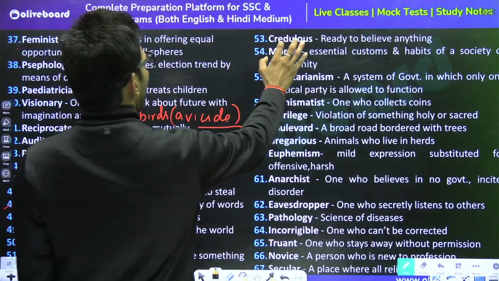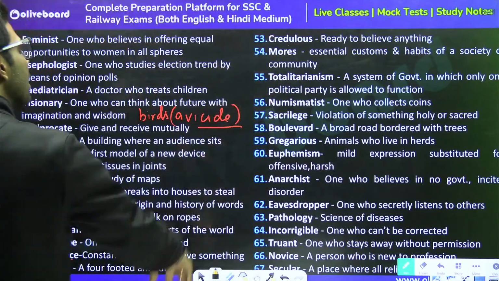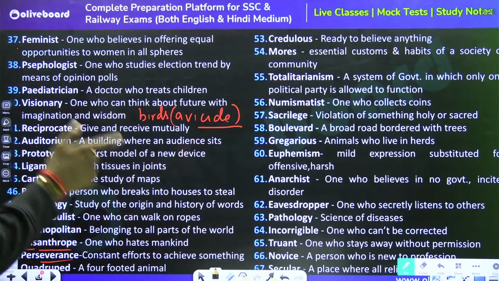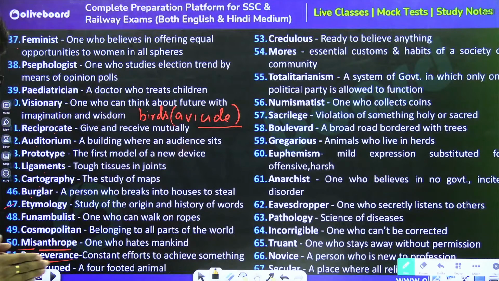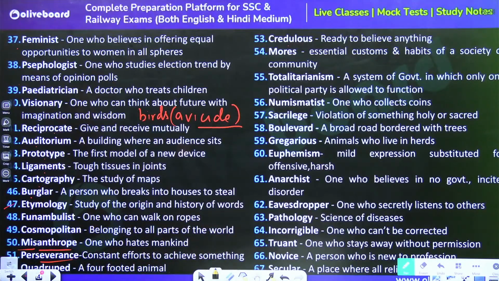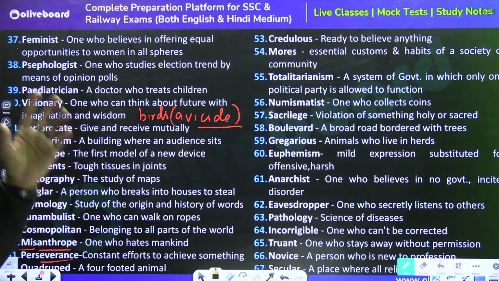Listen, credulous is gullible. That means he's so innocent, so pure, he's ready to believe everything. Hey kid, come here. I'm gonna take you for a ride. I'm gonna give you a very good chocolate. Please come with me. Kids are generally credulous. Nowadays we keep on getting calls: Hey, you have hit the jackpot.